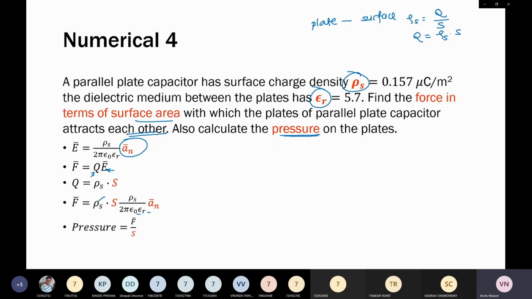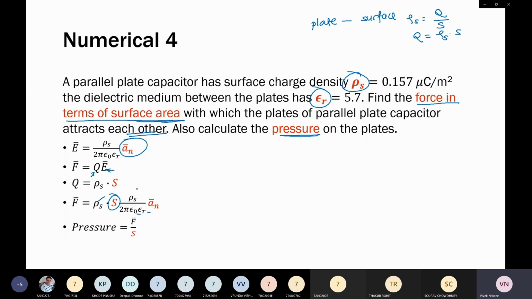Still we don't have the surface area and a n cap, but do remember that even if S is not known to us, the numerical says force in terms of surface area, so let it remain as it is, no problem. S and a n cap will be as it is.